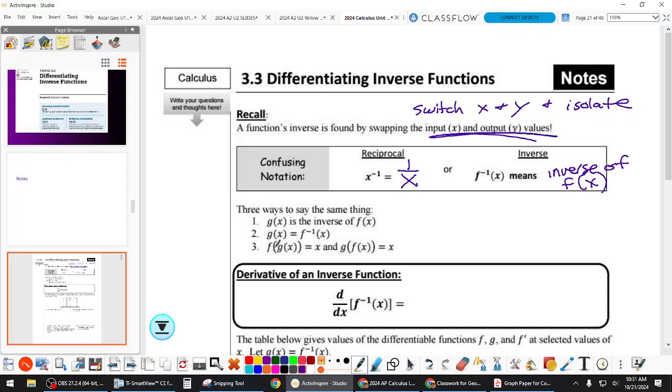Okay? Do you remember also that if you plug inverses into each other, they both simplify to x? Do you remember that? Okay. Maybe just take note of that one and say that reminder.